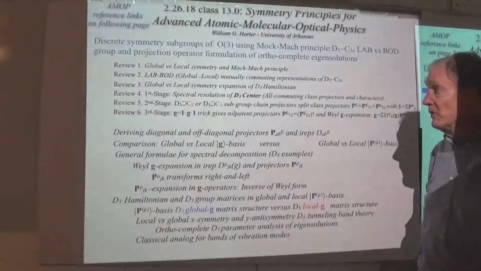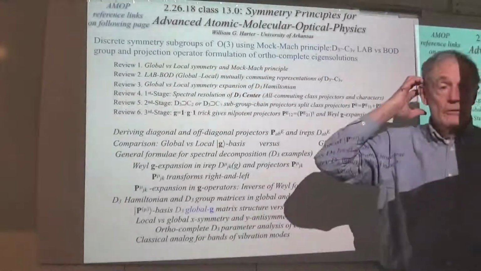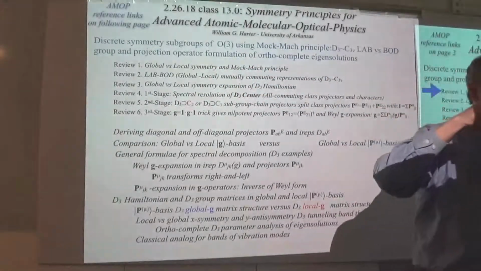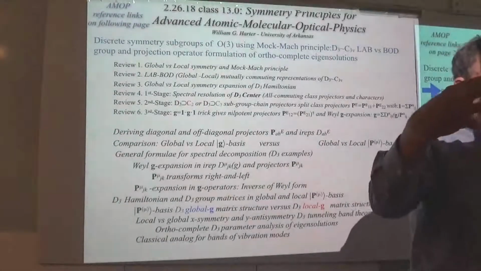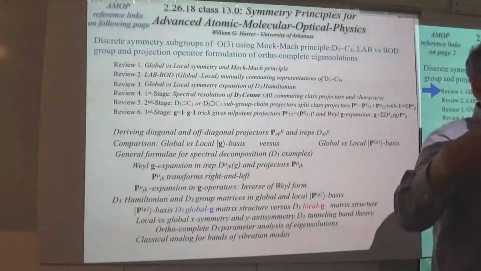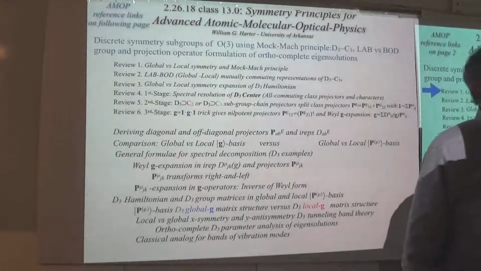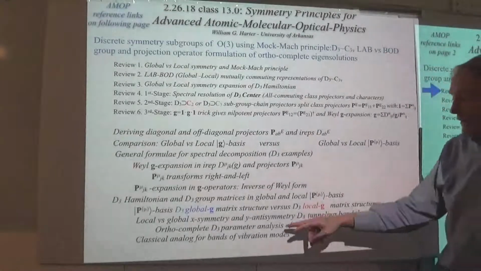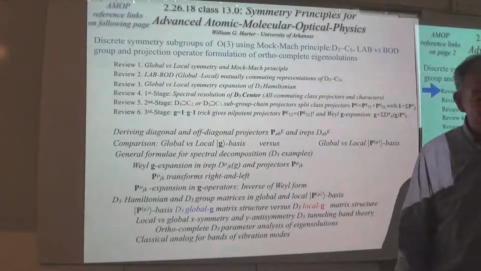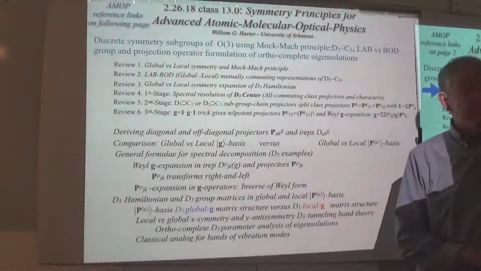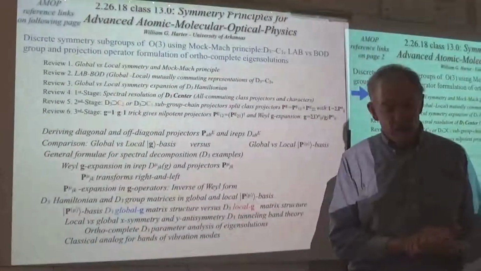The basic idea of using this global versus local symmetry to make an eigensolution that matches whatever happens to the system to the parameters in a very precise way is really the important part of this, and we'll get to look at what I call an orthocomplete parameter analysis of a tunneling problem or a mechanical vibration, which is what we'll do in the next lectures.